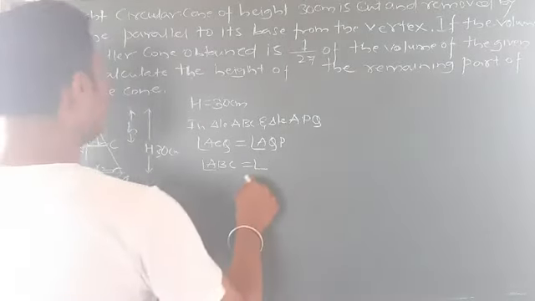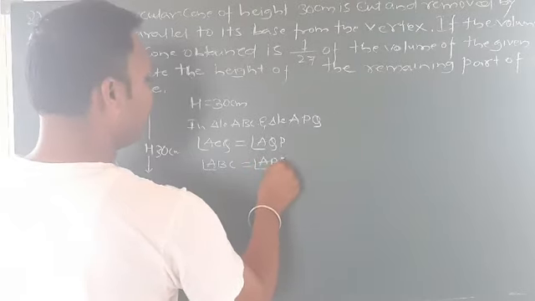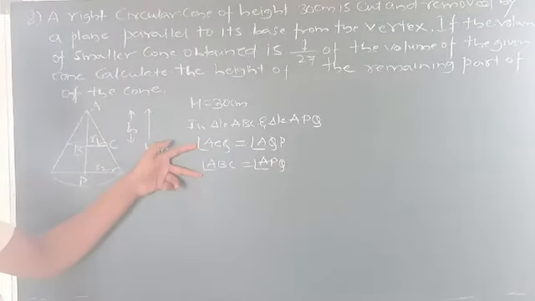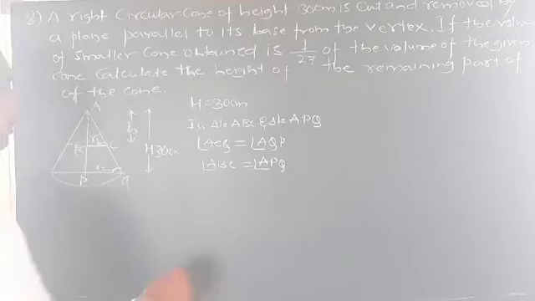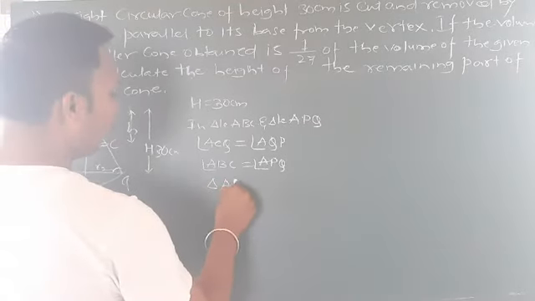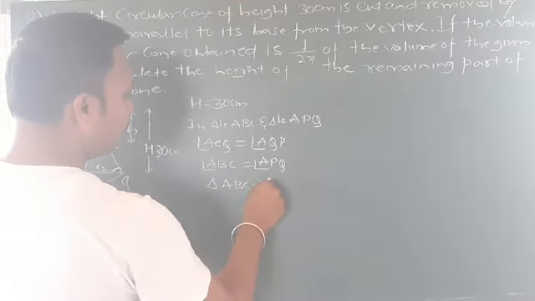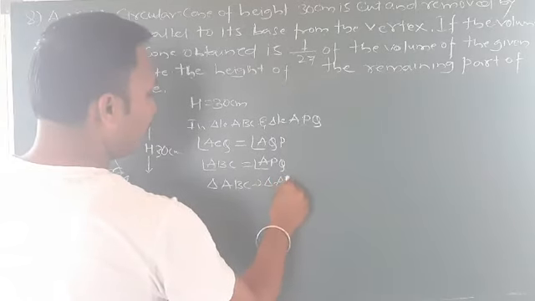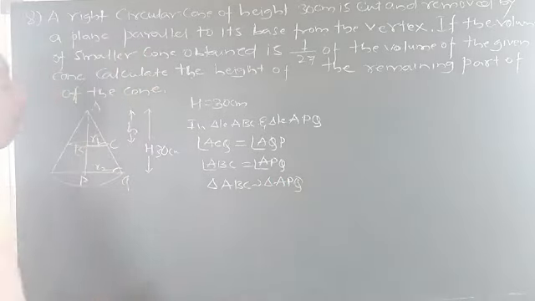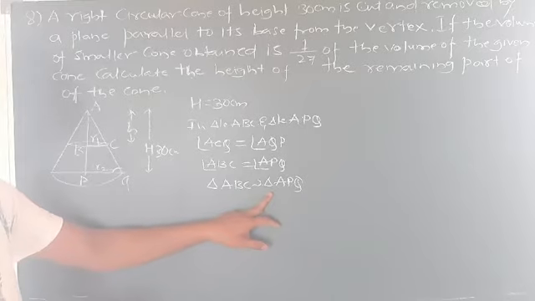Why are these equal? Both are equal to 90 degrees. So by the angle criterion we can say triangle ABC is similar to triangle APQ.